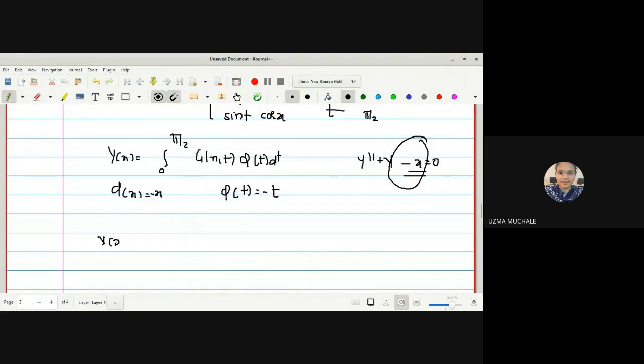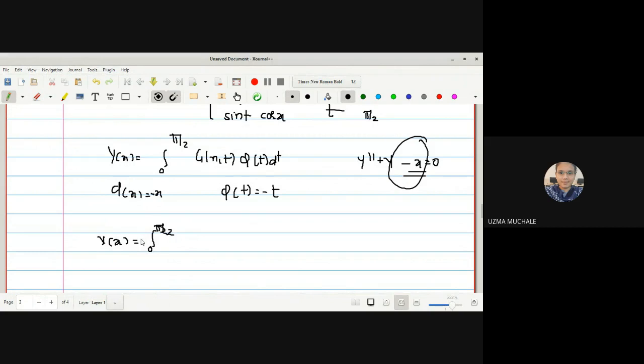And hence we get y of x is equal to integration 0 to pi by 2. Now this 0 to pi by 2 we have to divide into two parts: 0 to x, and x to pi by 2.